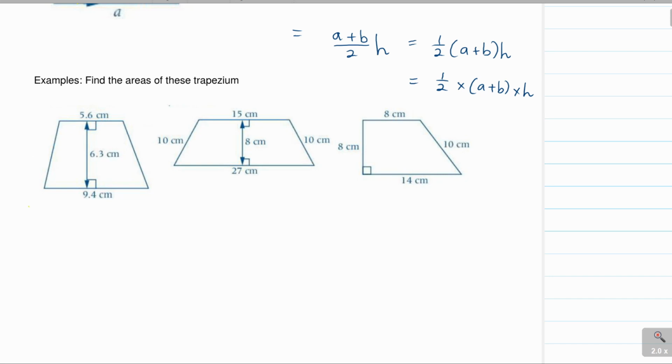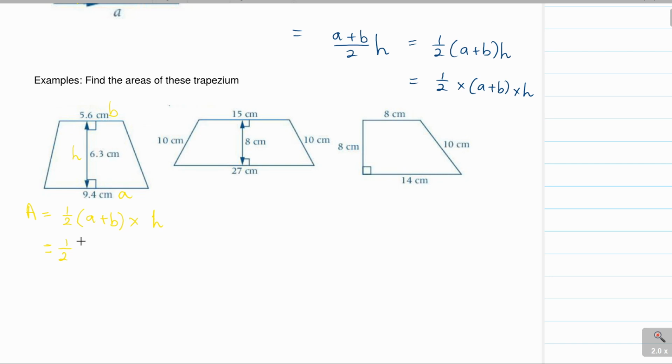So our formula, our area, is equal to half of the sum of our A and our B, A plus B, multiplied by the height, right? Perpendicular height.